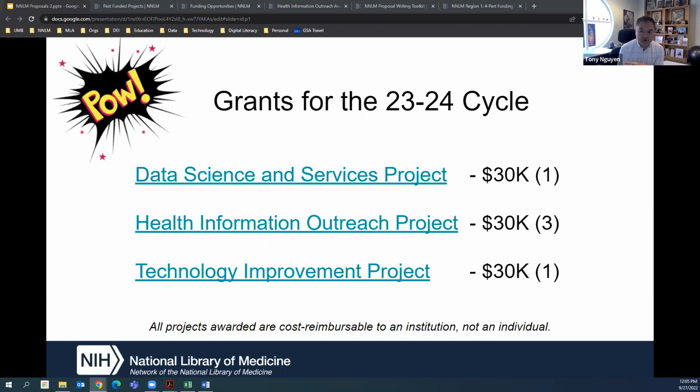There will be 3 projects, health information outreach, and then 1 project which is related to technology improvement to help address issues related to the digital divide. So you'll notice that all of these 3 different categories, the project award amount is at $30,000. Just as another reminder is that all applications are cost reimbursable directly to an institution and not to an individual. So I want to make sure that everyone is aware of that.